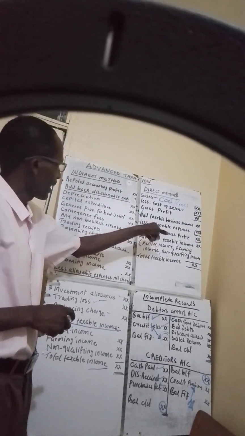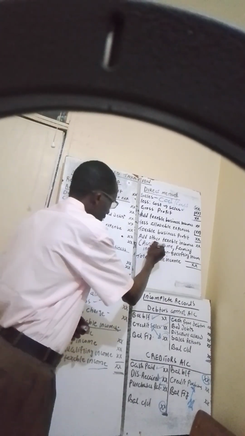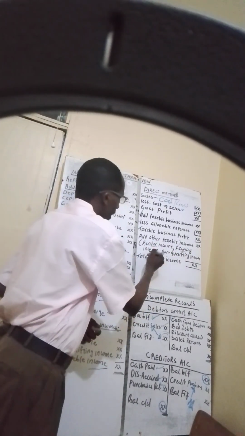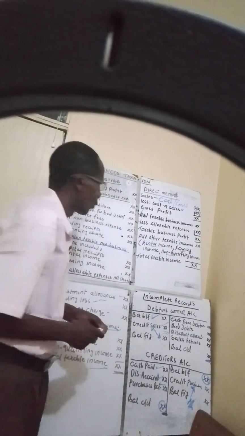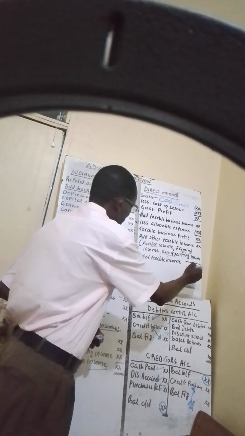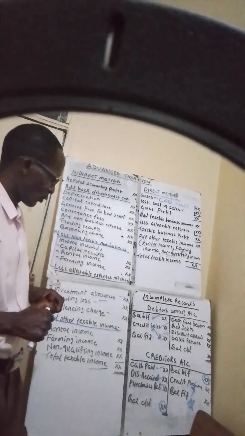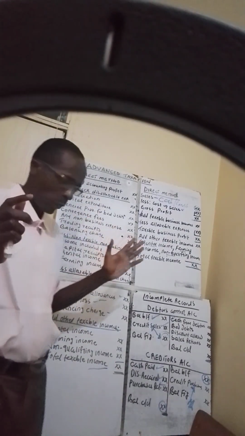Then we earn other taxable incomes like rental income, farming income, and non-qualifying income, any other taxable income, so that you get the total taxable income. So that is what you are supposed to do as far as this chapter is concerned.